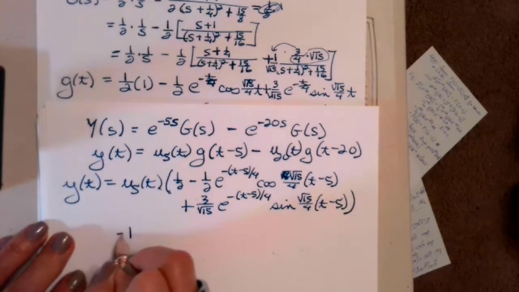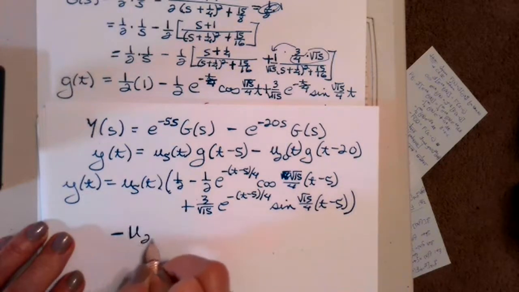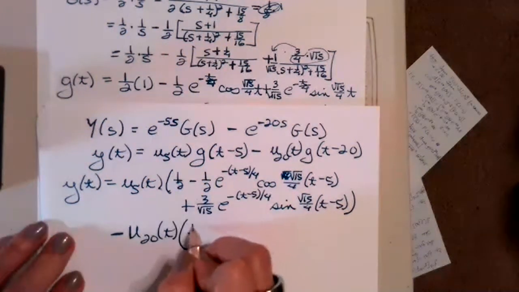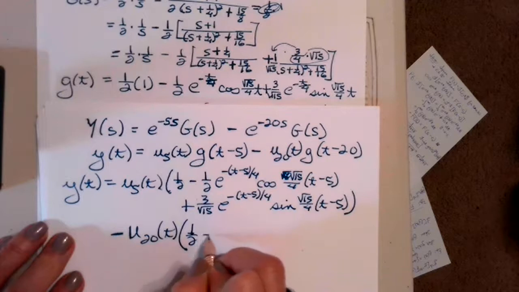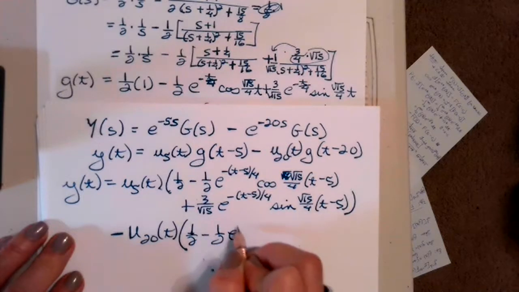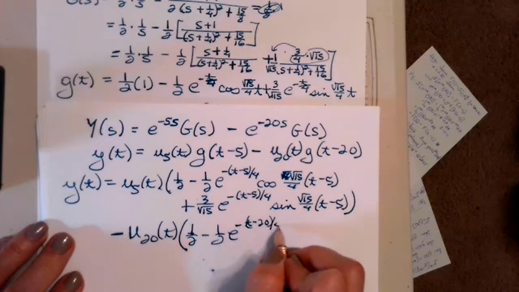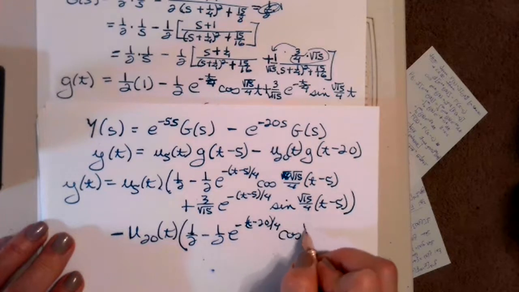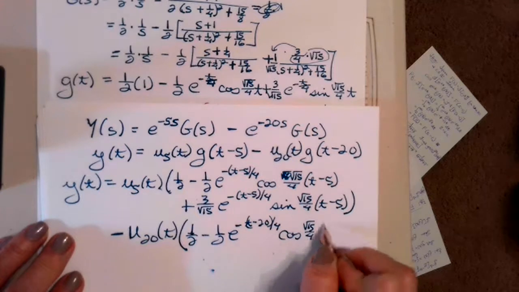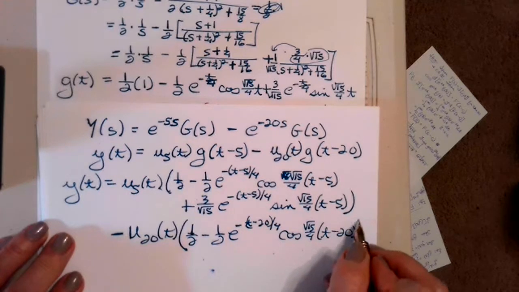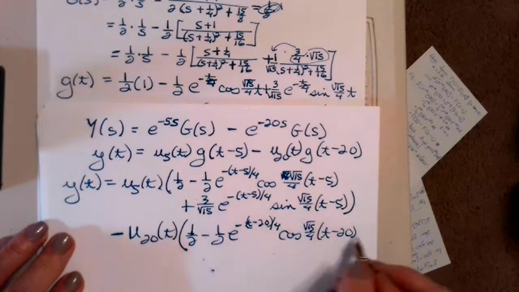Plus, minus u20 of t. And now you play the same exact game, but instead of 5, it's 20. So this is 1/2 e to the minus (t minus 20) over 4 cosine of the square root of 15 over 4 times (t minus 20). Okay, and this should be all on the same line.